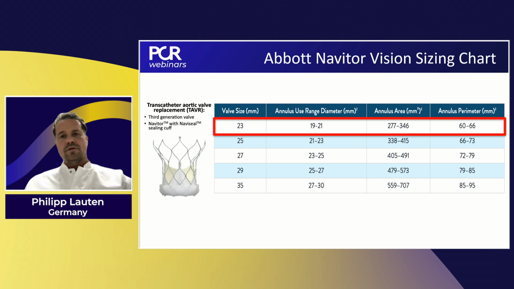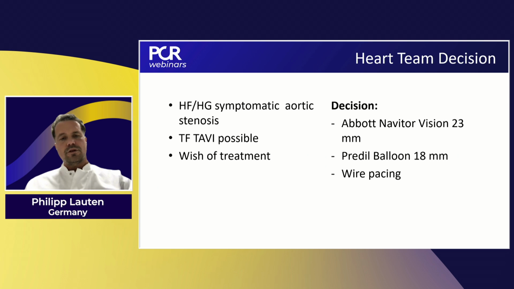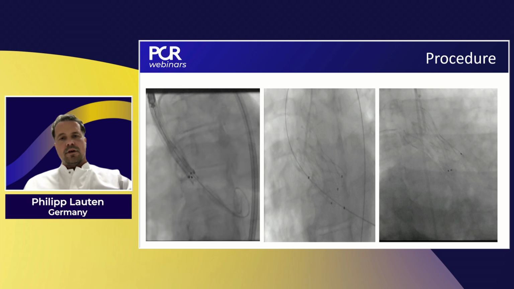So in our heart team discussion, we had the idea of a supraannular valve, and we implanted, according to the sizing chart, the 23 millimeter Navitor valve with a good intraannular option and the idea for best hemodynamics, and did a pre-dilatation with an 18 millimeter balloon, did wire pacing, and let me show you the last slide, the implantation process.